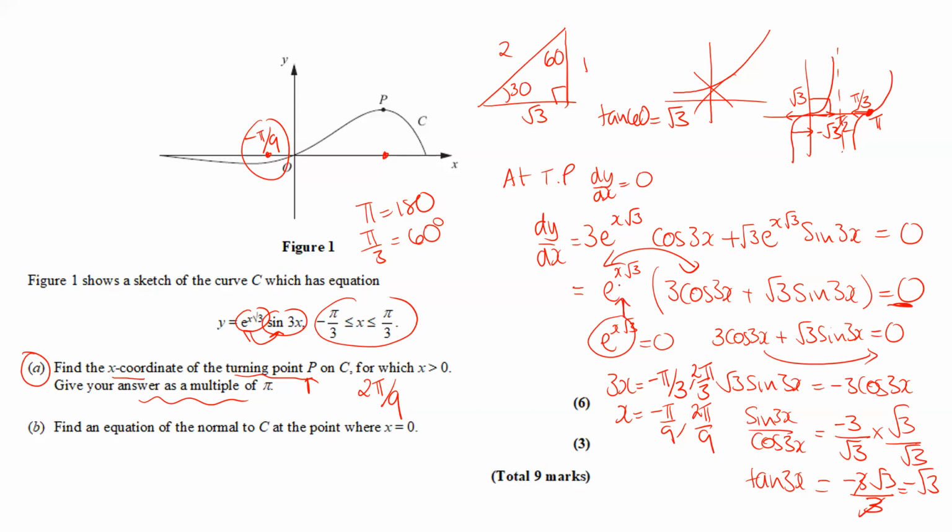Because the e part of the equation can't equal 0, that's not a solution. I wrote it down there, but you shouldn't, because that's not going to happen. You know that the whole thing, because you factored the e term out, is only going to equal 0 when the cos and the sine bit is equal to 0. So that's why we could just forget the thing on the front and just work with the trig.